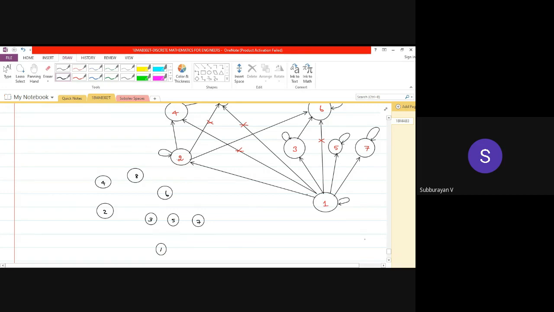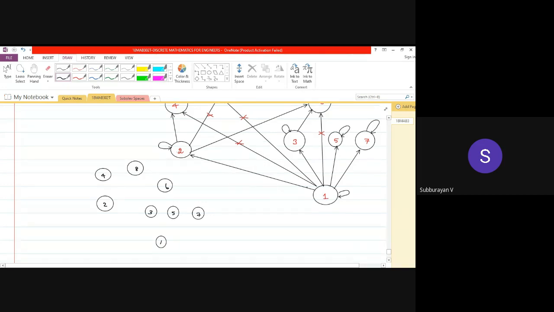So the Hasse diagram is like this. Then, due to this edge, we have to join 2 and 4, and from 4 to 8 there is an edge, so we draw this.